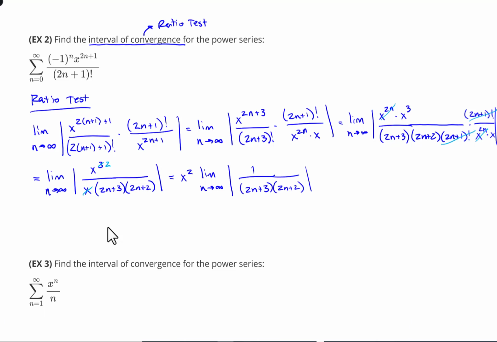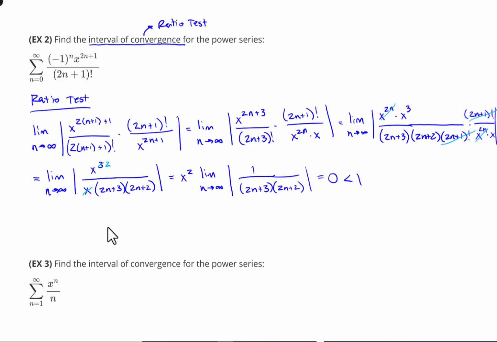All right, so then let's see. This limit, I have a rational function. The denominator is increasing, but the numerator is not changing at all. The value of that limit is 0. So this whole thing results in 0. Now, be careful, because it looks like you have a radius of convergence of 0, but that's not the case. You don't have the radius of convergence until you compare that limit to 1.